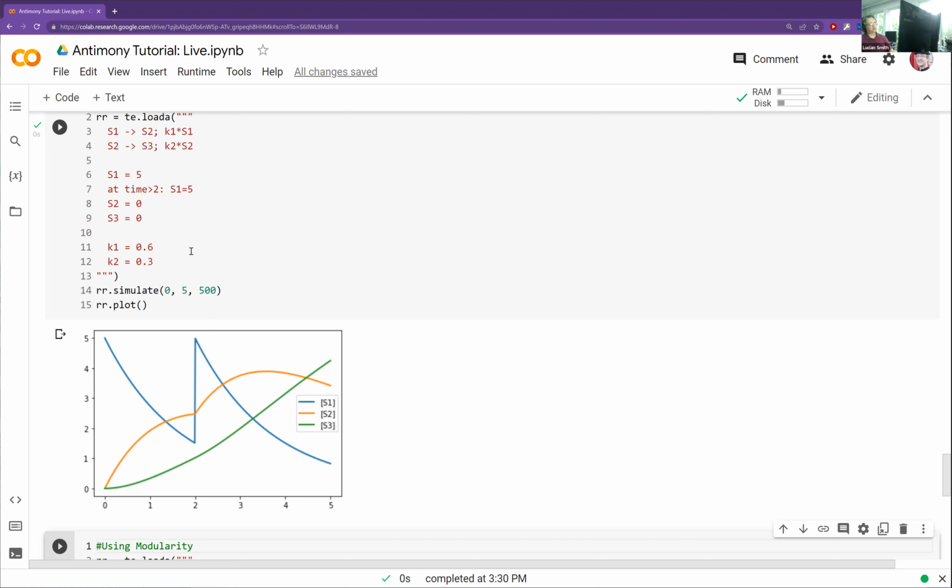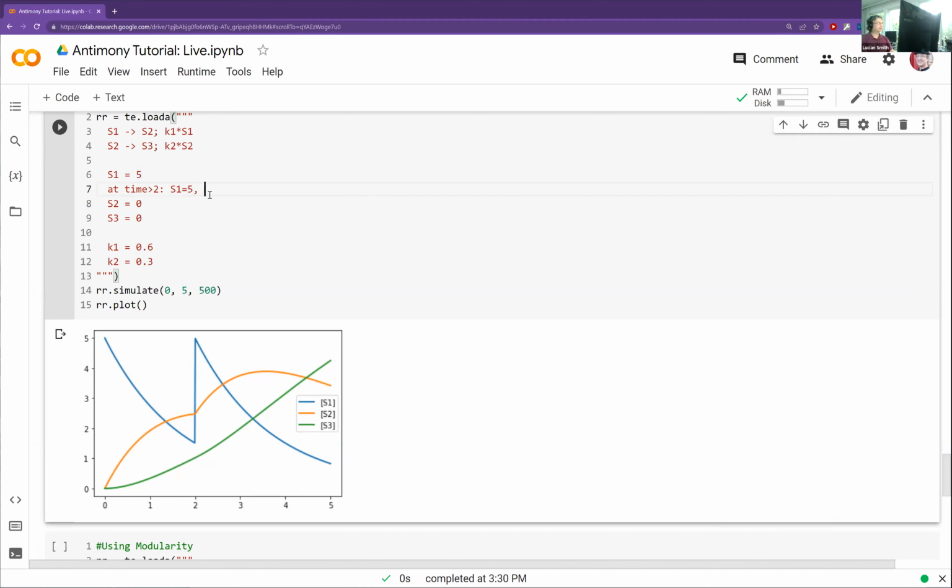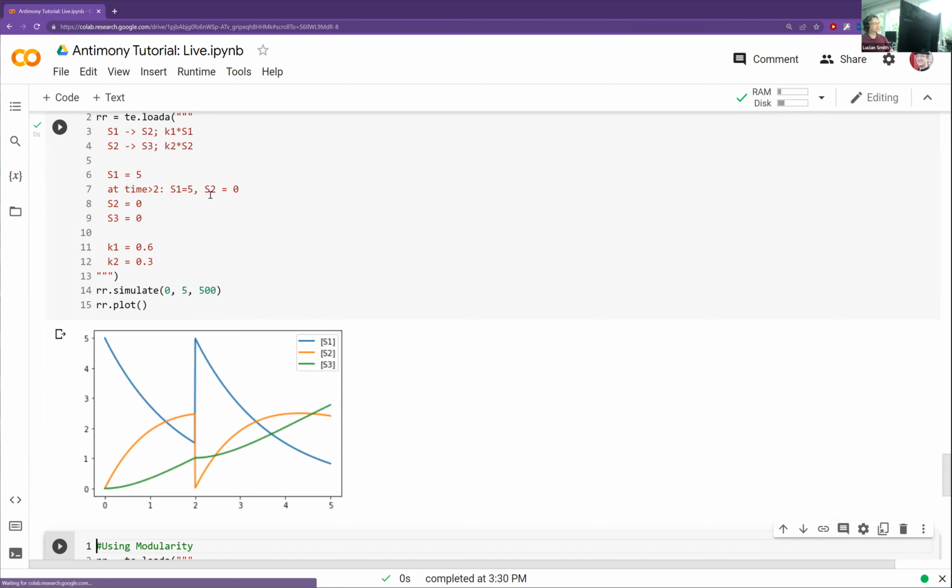So now time has passed, we can set things, and we can set a few things also. We can say S1 equals 5 and S2 equals, I don't know, we'll reset everything back to the initial conditions, basically. So now we go on for a little bit, reset everything to initial conditions, and then keep on going, except for S3. S3 continued to where it was, and it kept on going up.